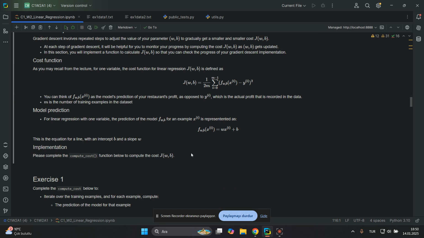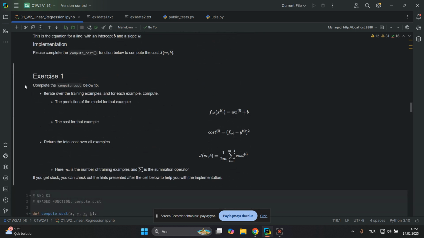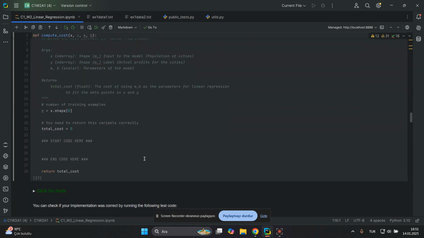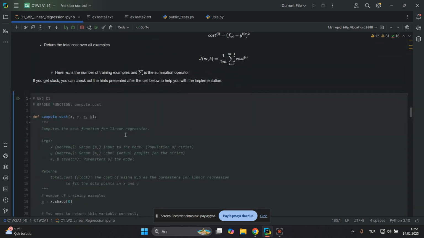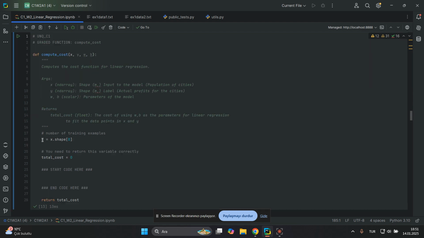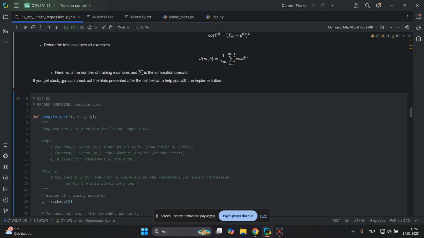For the implementation, complete the compute_cost function. The exercise is to complete the code below, which is actually the mathematical function with the summation. We can run it to compute the function. If you get stuck, you can check the hint after the cell with the implementation. Let me run it.